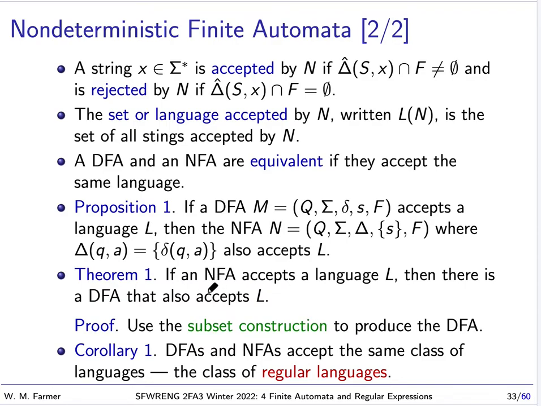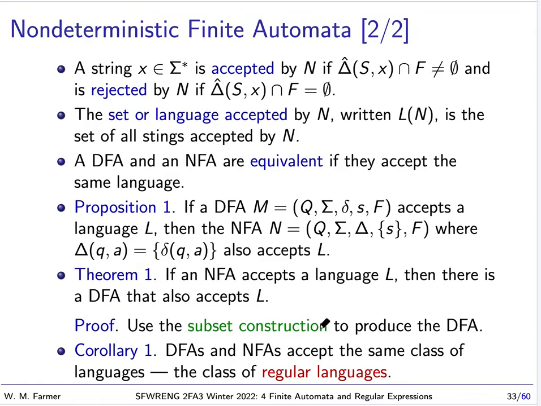Now, if we have an NFA that accepts a language L, then there is a DFA that also accepts L. And the proof is to use what's called the subset construction to produce the DFA. So we have this particular construction that given any NFA will produce a DFA that is equivalent.